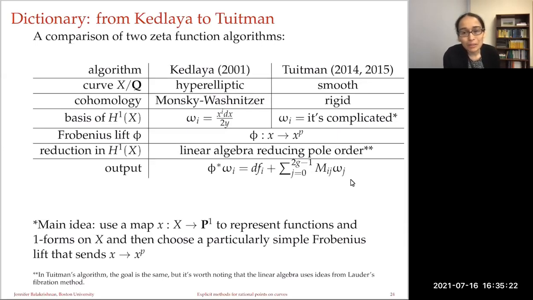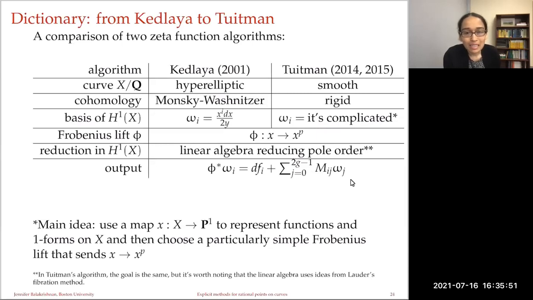Here, we don't necessarily need to see, and maybe some of these are don't-worry-about-it sort of moments. The computer essentially works in the function field of the curve. There is a low degree map, typically from the curve to P^1, that's used to represent functions and one forms on the curve, and then some algebra in the function field of the curve. Then Magma gives you a basis that you typically don't need to see unless you're actually explicitly trying to figure out what basis elements are being used.